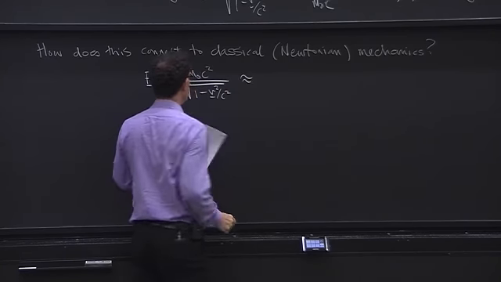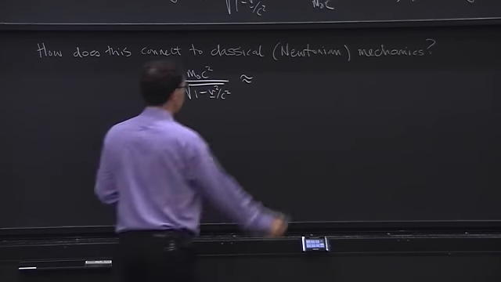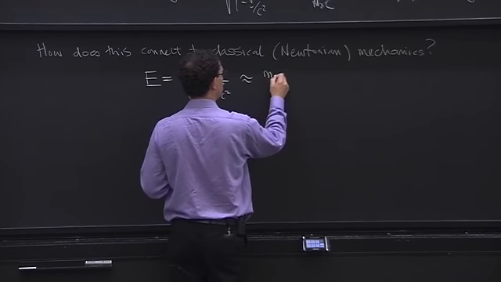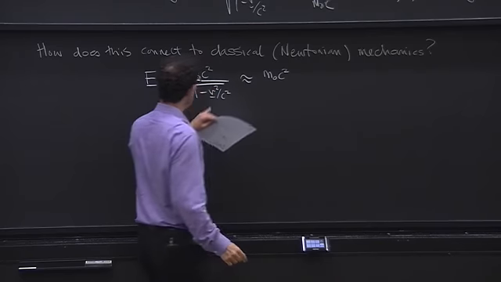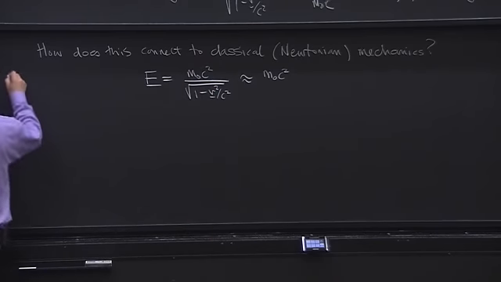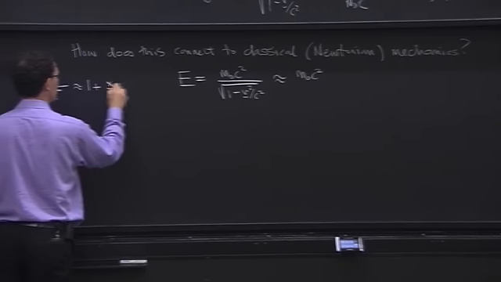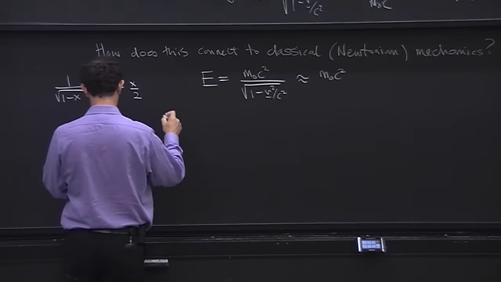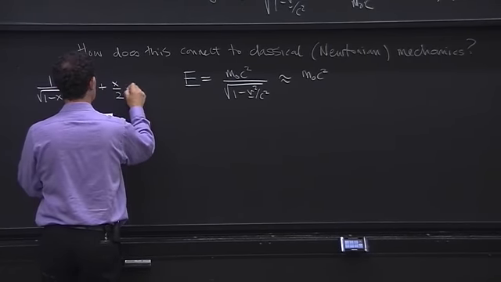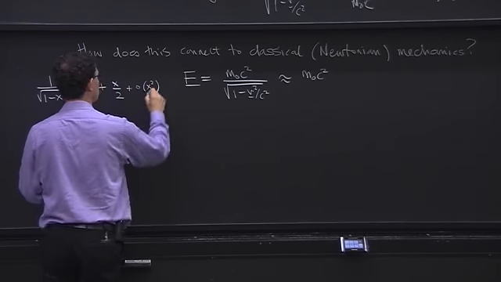And so if v over c is much smaller than 1, I just expand the square root using this expansion: 1 minus x to the minus 1/2 is 1 plus x over 2 plus order x squared.